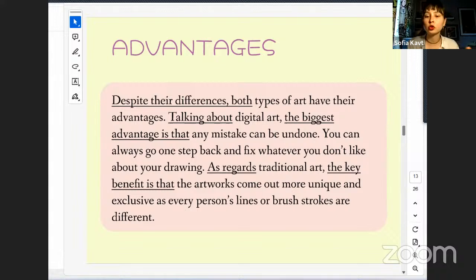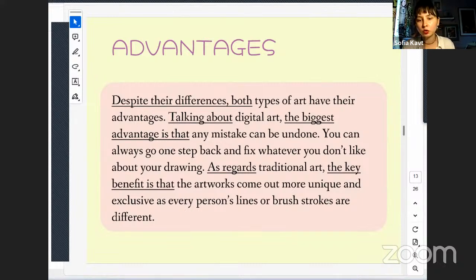As regards traditional art, the key benefit is that the artworks come out more unique and exclusive, as every person's lines or brushstrokes are different. Once again, this modal answer might be a bit too wordy for some speakers, for some test takers.